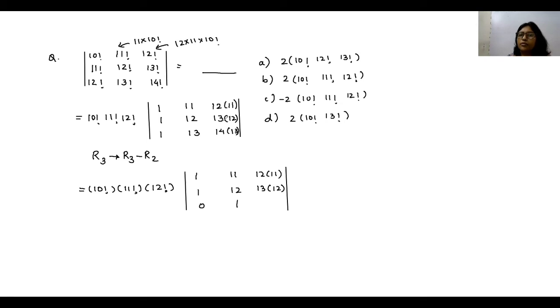And then from 14 into 13 minus 13 into 12, we take 13 common and we have 14 minus 12. So it is 13 into 2. The same thing we will do with the second row. We'll apply the operation R2 minus R1.